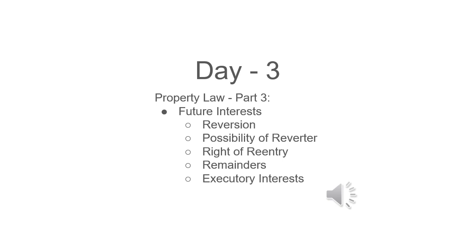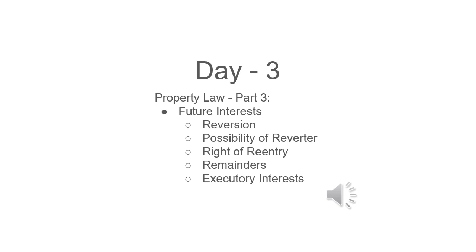That would be to A for life, then to C. The future interest held by the grantee is C, capable of becoming possessory upon the expiration of the prior possessory estate, the life of A, of known fixed duration. Again, the measuring life of A.